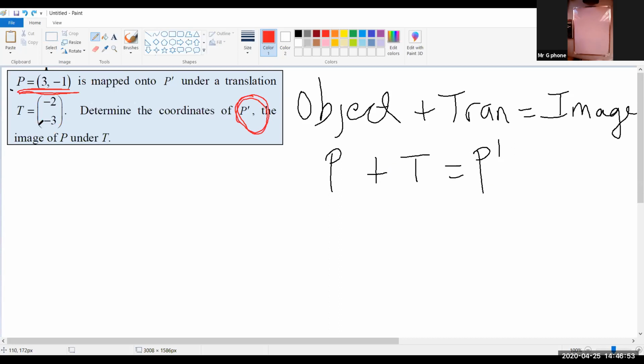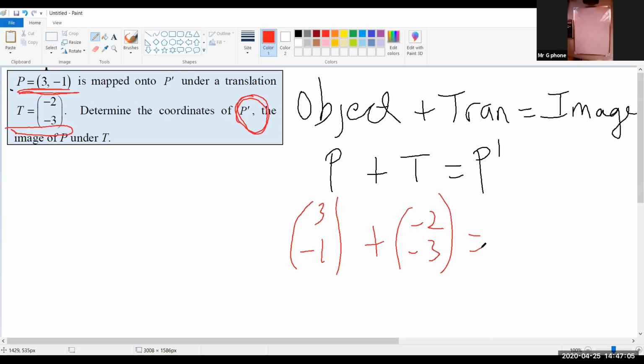So P is (3, -1), plus T, which is (-2, -3), is equal to 3 plus -2 is +1, and -1 plus -3, a plus and a minus here is a minus. So -1 minus 3 is -4. Therefore, P1 is (1, -4).